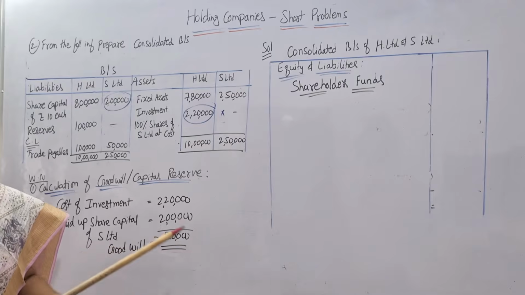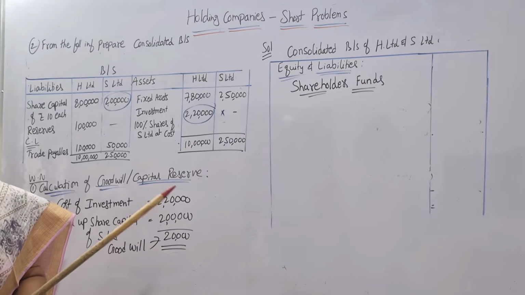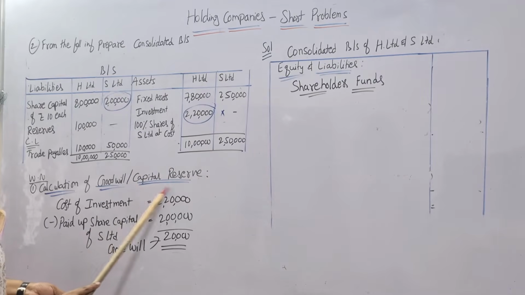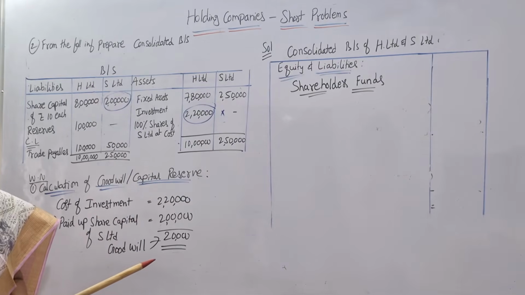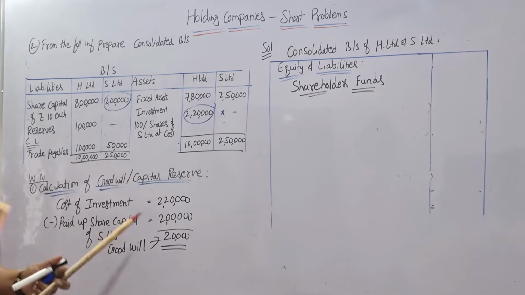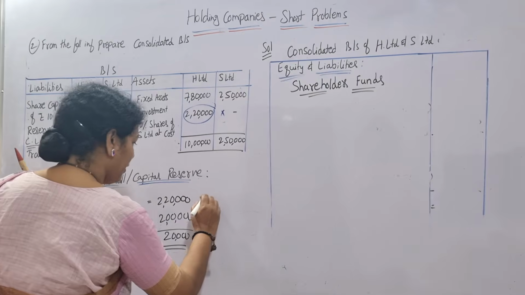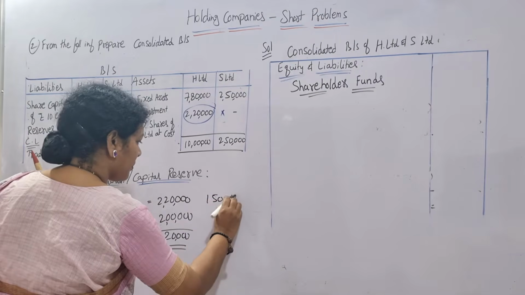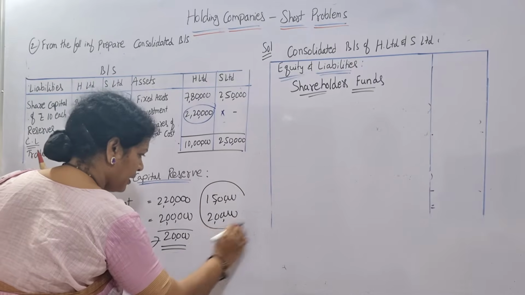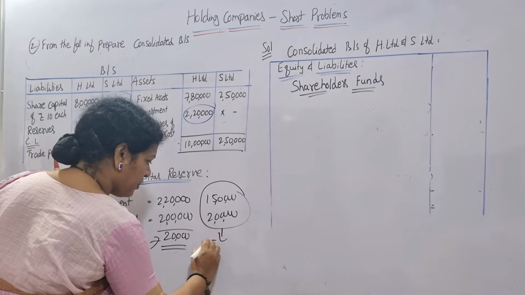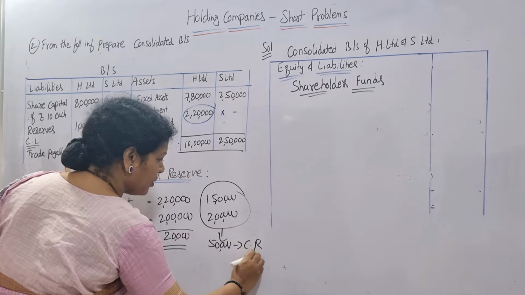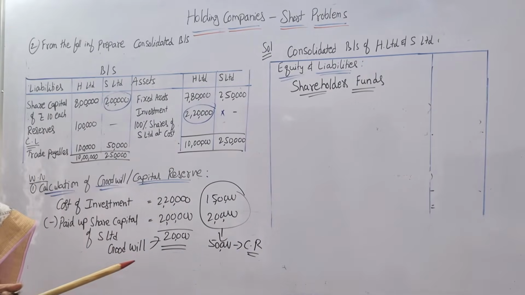Actual shares are 2 lakh, but we are paying only 1,50,000. The difference we say is capital reserve. When we are paying less than the share value, the difference will be 50,000. This we say is capital reserve. Are you getting this?